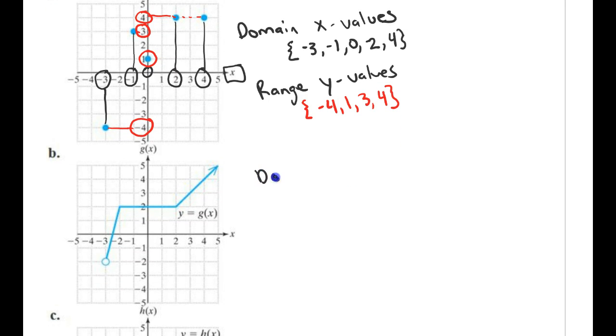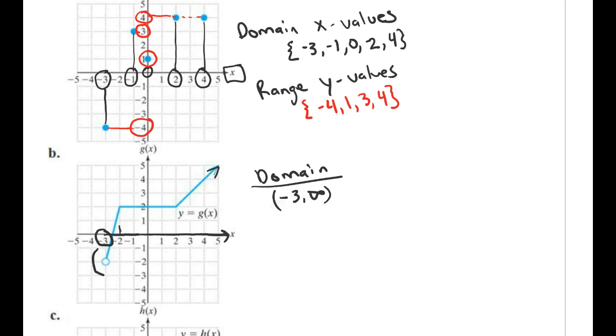So if I go to the domain here, it goes from -3 and it's open, so I'm going to use a parenthesis. All these x values have output, so keep going, keep going. It actually keeps going forever because this arrow tells me it just keeps going. So this is -3 to infinity.